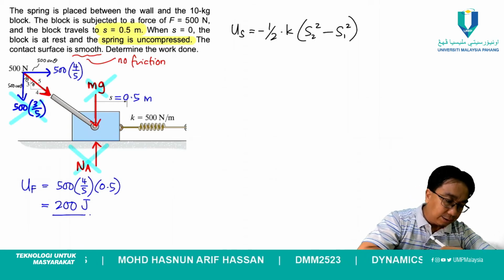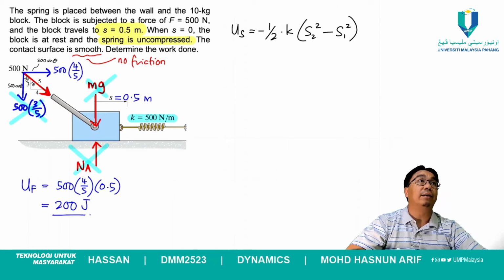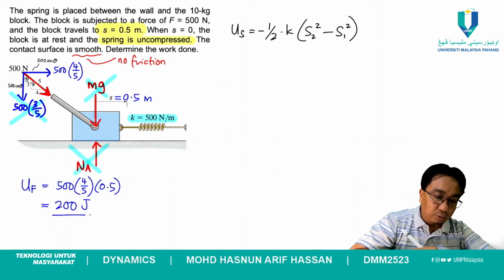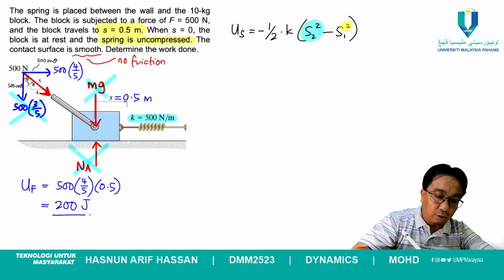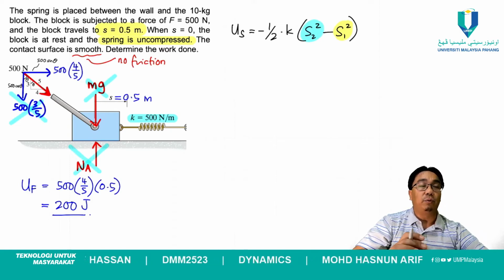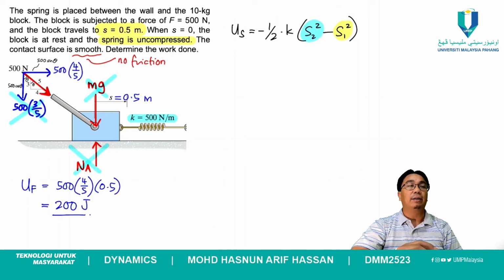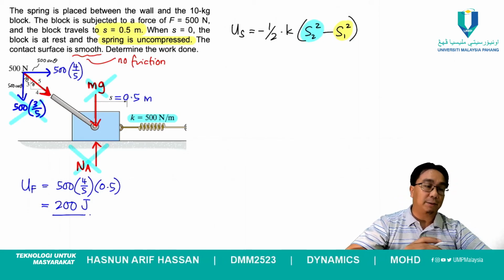Now K is given here, 500 Newton per meter. So what we need to determine is what is the value of S2 and what is the value of S1. If you are able to get these two values, S2 and S1, then you will be able to calculate what is the work done by the spring.